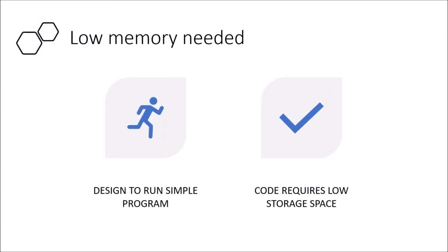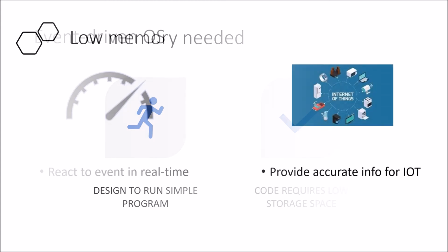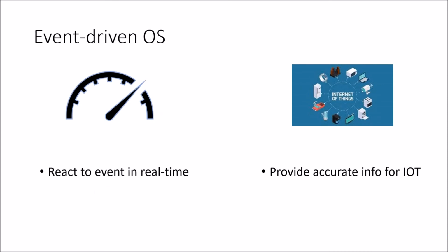Low memory is needed because TinyOS is designed to run simple programs and its code requires low storage space. TinyOS is an event-driven OS. It reacts to events in real time and it provides accurate info for IoT.